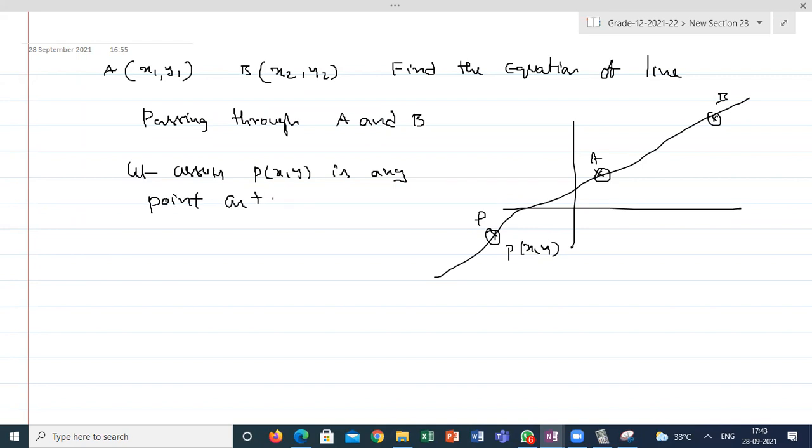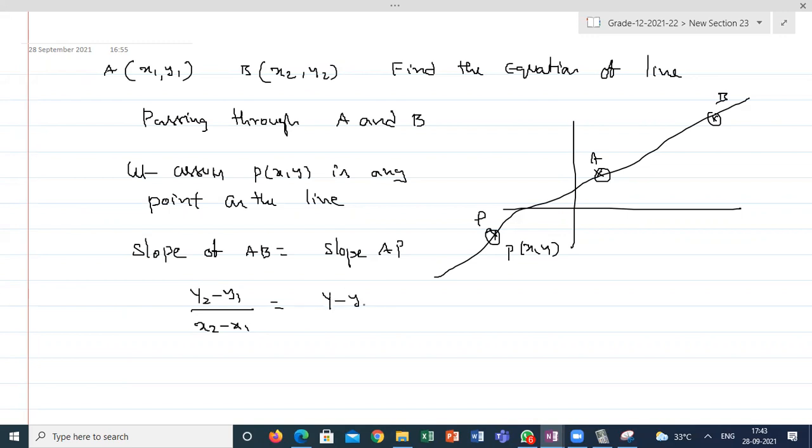So slope of AB must be equal to slope of AP. You can take BP also, it's your wish. What is slope of AB? Y2 minus Y1 divided by X2 minus X1, which will be equal to slope of AP, Y minus Y1 divided by X minus X1.